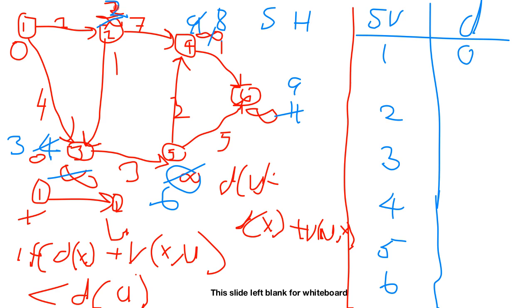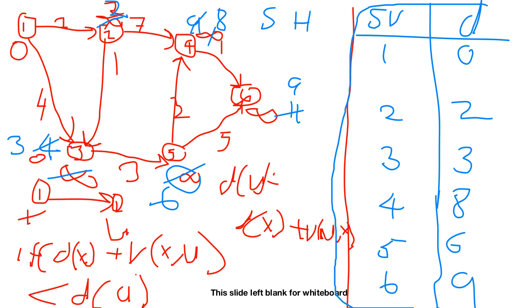Vertex 2, we are having 2. Vertex 3, we are having 3. Vertex 4, we are having 8. Vertex 5, we are having 6. And vertex 6, we are having 9. So that is now the possible routes that you can use using the Dijkstra algorithm.